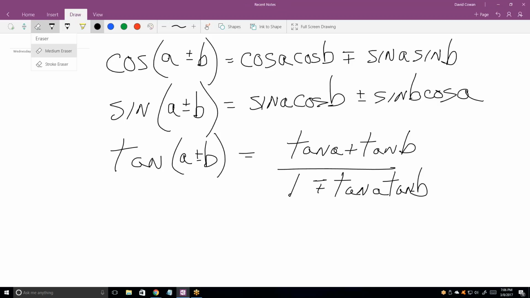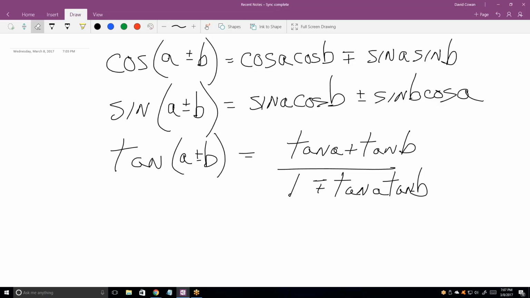And that's if, so it's the same sign. Yeah, it's plus minus, so it's the same sign. So the numerator is plus, though, right? Yep, so the numerator would be the same sign as the parentheses, and the denominator is the flip sign of the parentheses. In other words, if we had A plus B, this is it. If we had A minus B, my numerator is still tan A plus tan B, right?